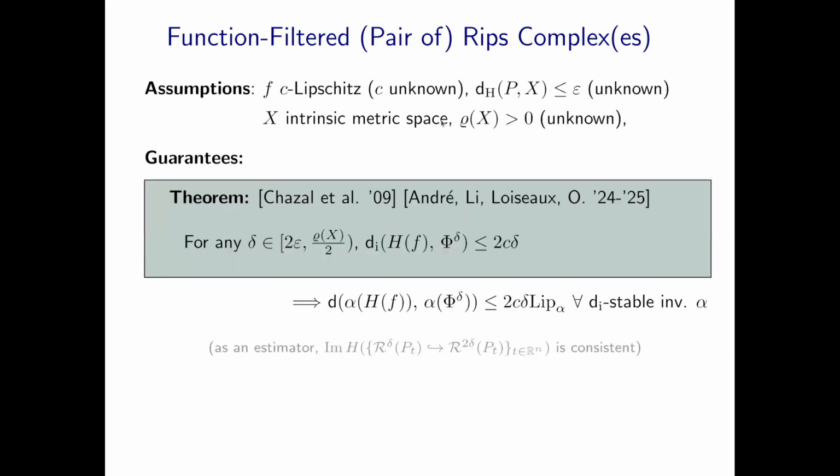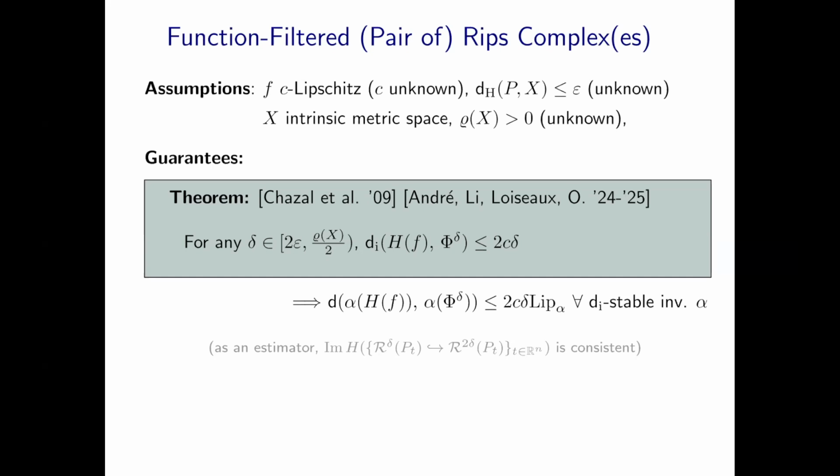All right. So here's the result. The theorem says the following. So if you choose your delta well, right? So there's a caveat here. There's a hyperparameter delta that you need to choose. Let's assume P is an epsilon sample of X. So the Hausdorff distance between P and X is not more than epsilon.